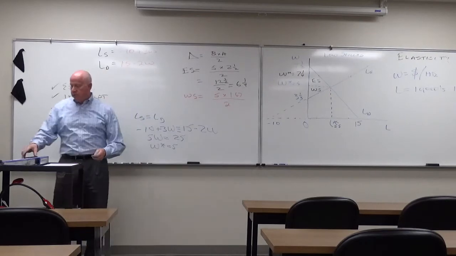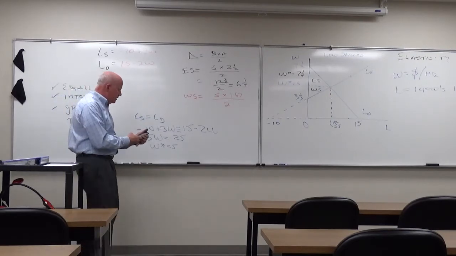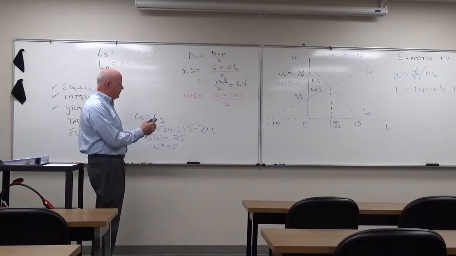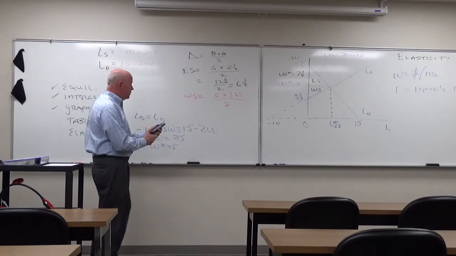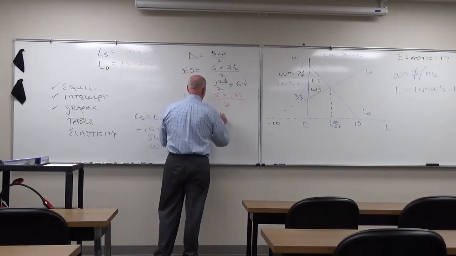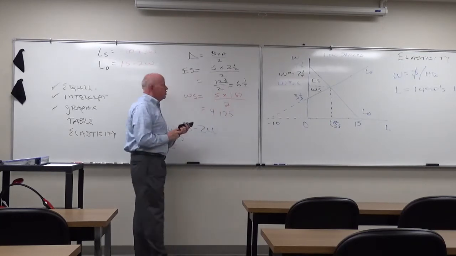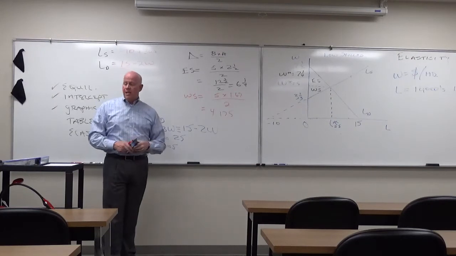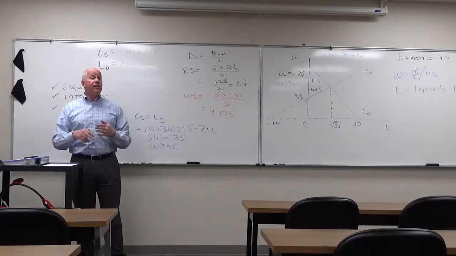And since I'm a very simple guy, I'm going to go to my simple calculator. So 1.67 times 5 divided by 2 is 4.175. So my worker surplus is a little bit less than my employer surplus. I don't know that that's a problem. It just is what it is.